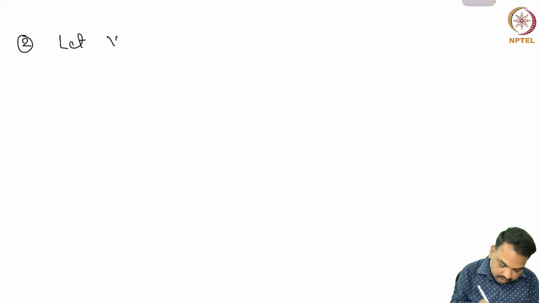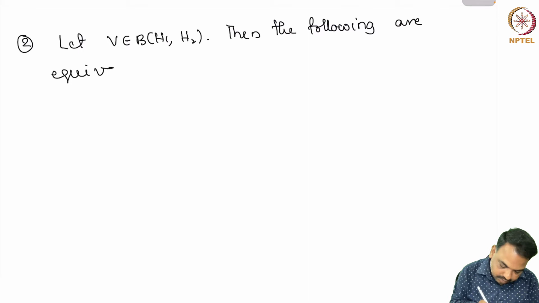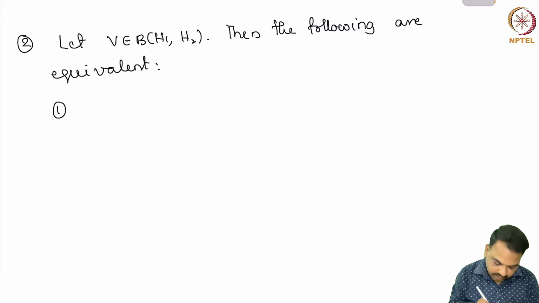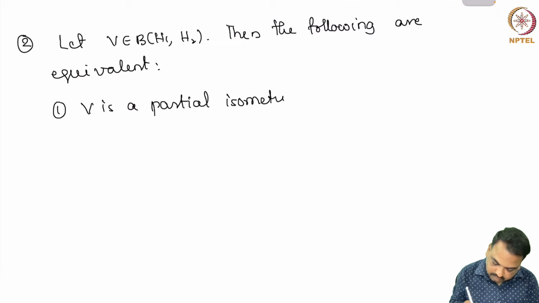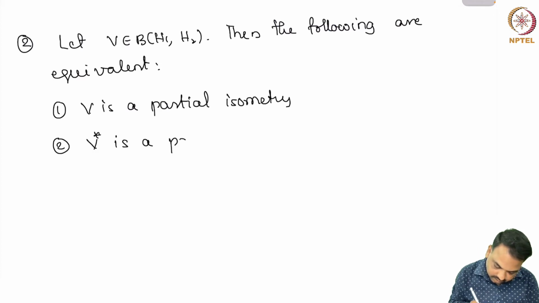Let V be a bounded operator, then the following are equivalent. V is a partial isometry. V* is a partial isometry. This we have already shown.